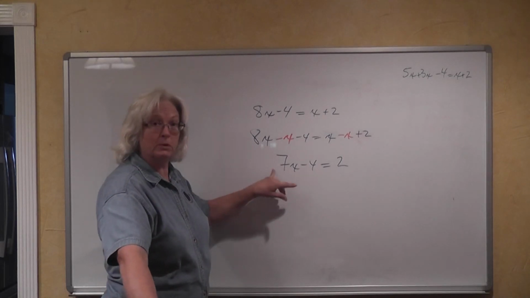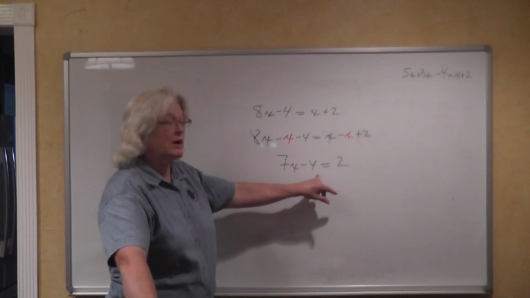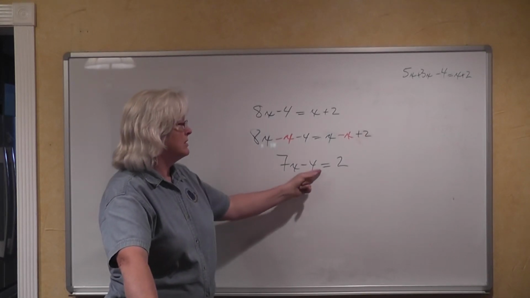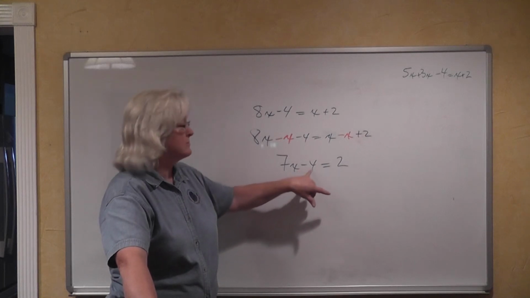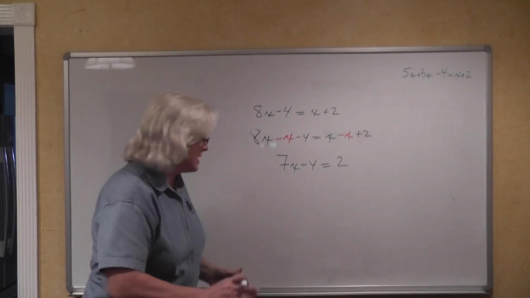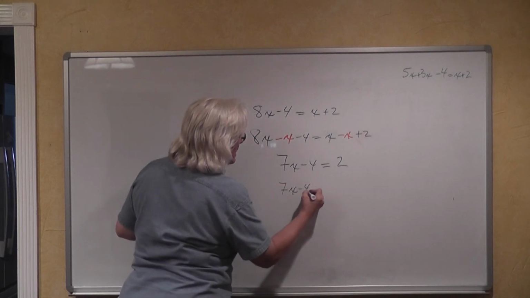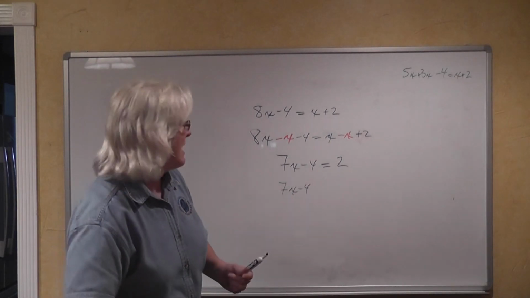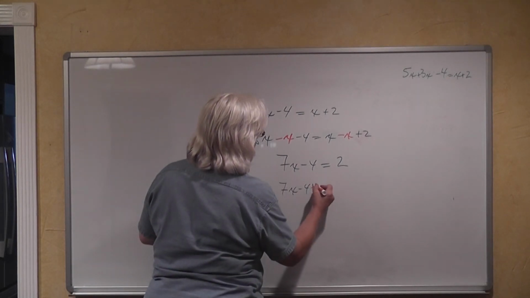First, x was multiplied by 7, and then 4 was subtracted from that product. So we use inverse operations in reverse order. The inverse of subtraction is addition. So I have 7x minus 4, and I'm going to add 4 now to both sides of that equation.